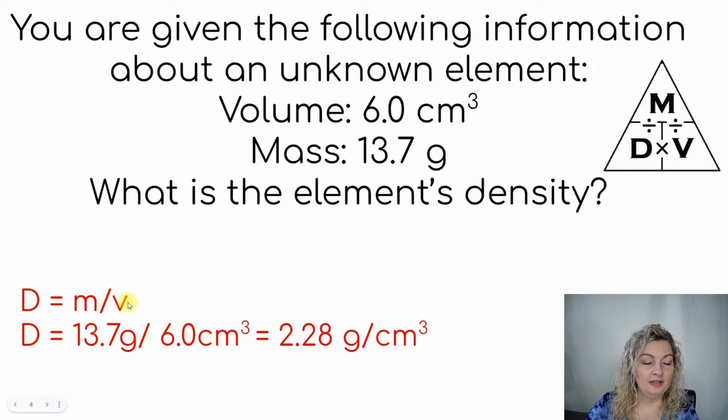So I wrote that equation, and we just substitute in our numbers. Our mass is 13.7 grams divided by our volume, 6.0 cubic centimeters. Plug this in your calculator and divide, and you're going to get 2.28 grams per cubic centimeter.